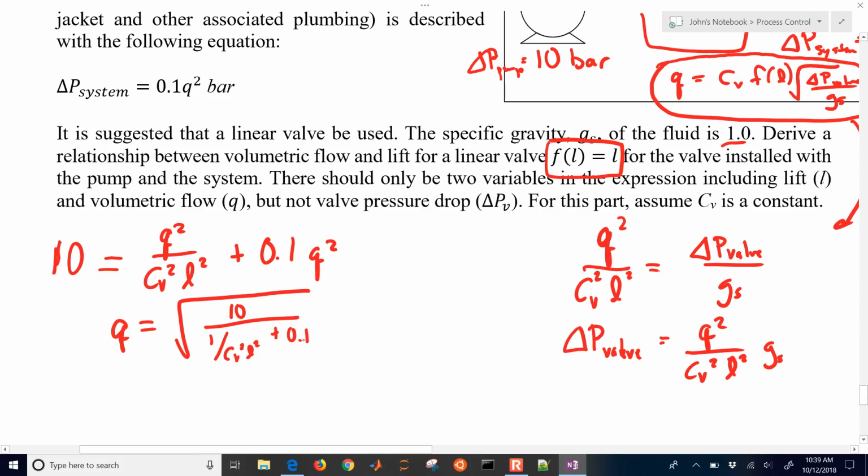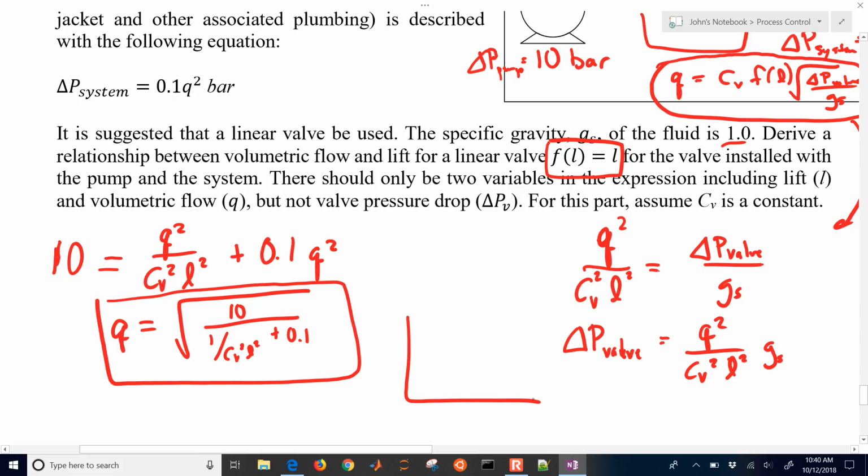Okay, so there's our relationship of Q versus lift. One of the things we could do is just generate a plot of that and figure out the relationship of lift of our valve stem versus the flow rate through our system.